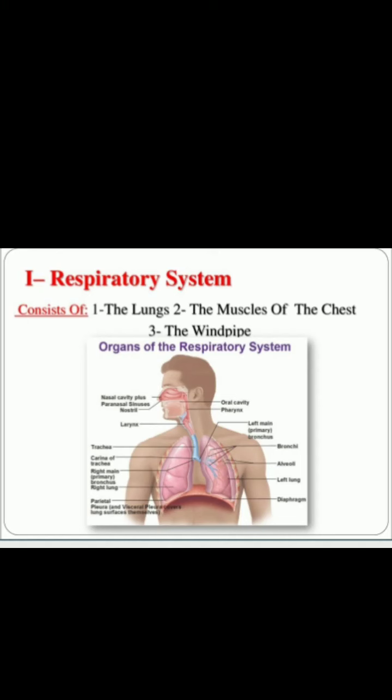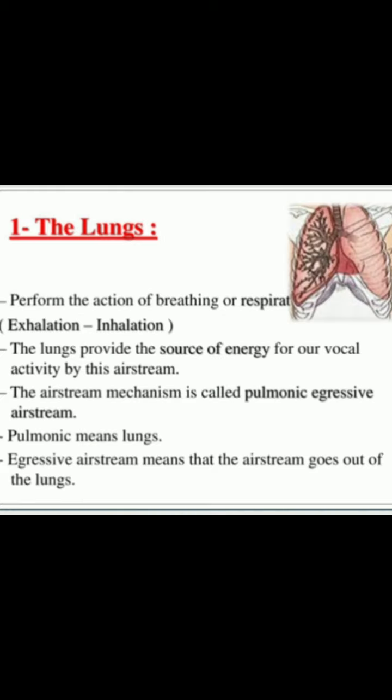So number one is the respiratory system, which consists of three parts: number one, the lungs, number two, the muscles of the chest, and number three, the windpipe. So let me expound on the lungs first. The lungs perform the action of breathing in the respiratory system, which is known as exhalation and inhalation.